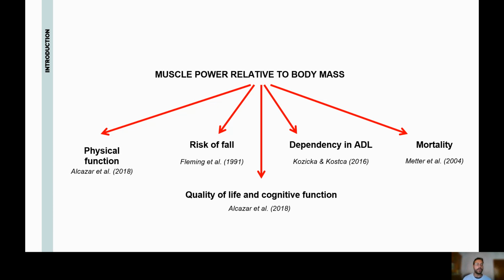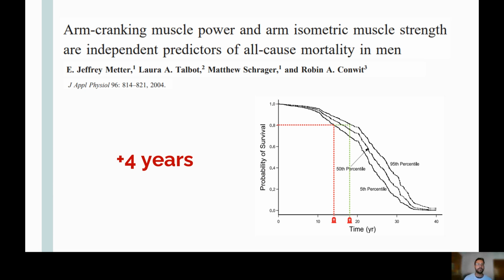So muscle power, especially relative to body mass, is related to a decrease in physical function, an increased risk of falls, a decreased quality of life and cognitive function, and a higher dependency in activities of daily living. And also, it's associated with an increased mortality.